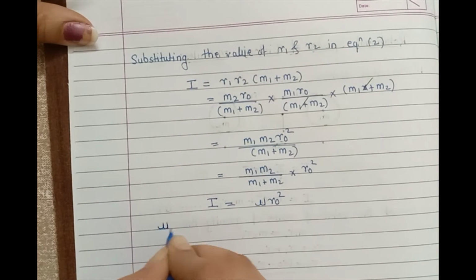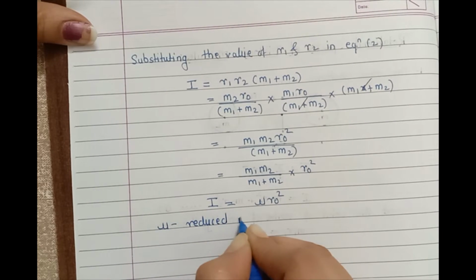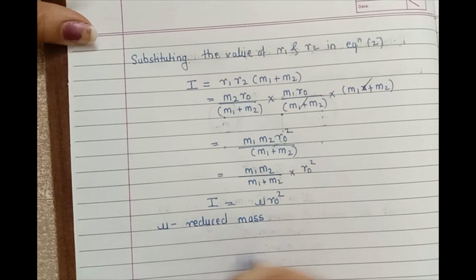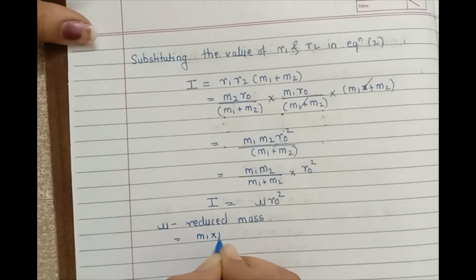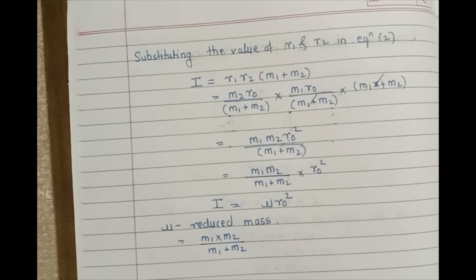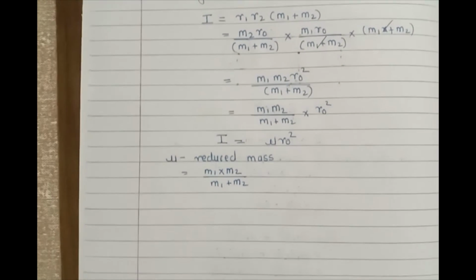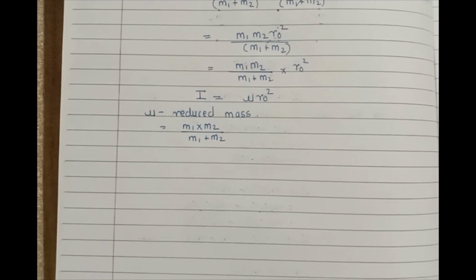So mu is the reduced mass, which is equal to M1 into M2 upon M1 plus M2. Is it okay? This was the expression for the moment of inertia of a rigid diatomic molecule.